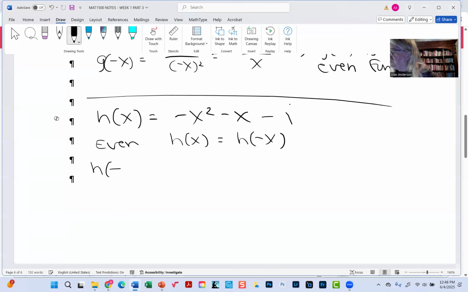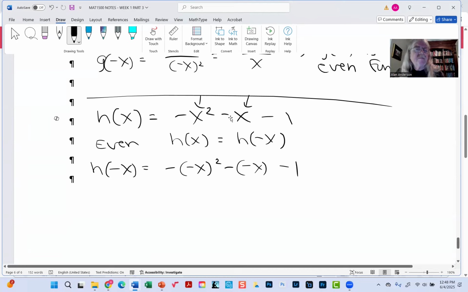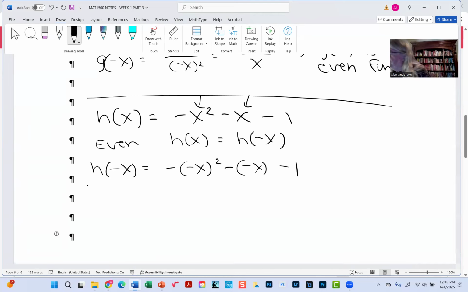So let's find h of negative x. So what am I doing again? I'm replacing all the x's with negative x's to see what happens. So you can see they're not equal to each other.